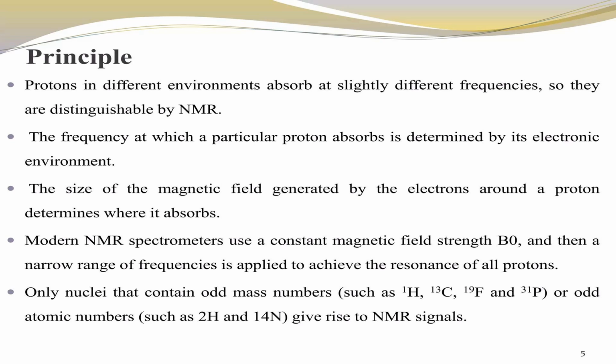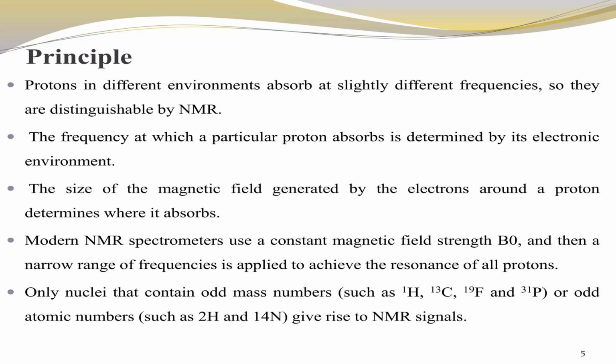The size of the magnetic field generated by the electrons around a proton determines where it absorbs. Modern NMR spectrometers use a constant magnetic field strength B0, and then a narrow range of frequencies is applied to achieve resonance of all protons.